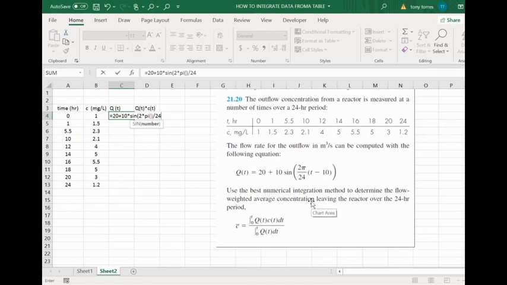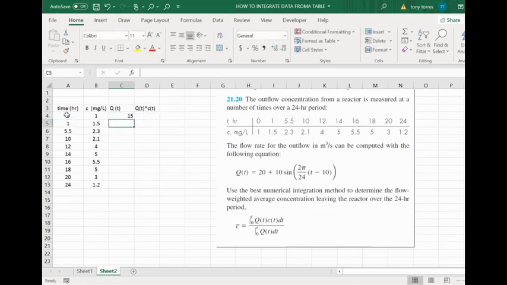And that has to be multiplied by t, which comes from here, minus 10. Now, close those parentheses. That would be 1 and 2. Enter, and we have that flow. The flow in meters cubed per second, and you can drop this down until hour 24, and that's it. So you got the flow.